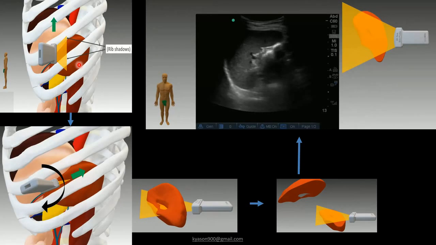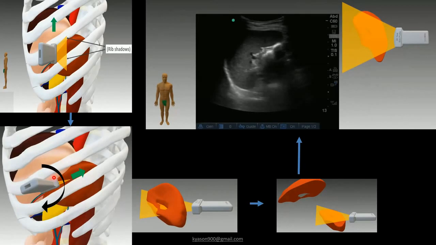And there will always be some acoustic shadowing, because whenever the sound beam hits these bones, it will not allow easy visualization of the spleen, but instead there will be shadowing, preventing clear visualization of your organ. So there are always those limiting factors, but of course you can easily tilt your probe through the intercostal spaces to easily scan your spleen.